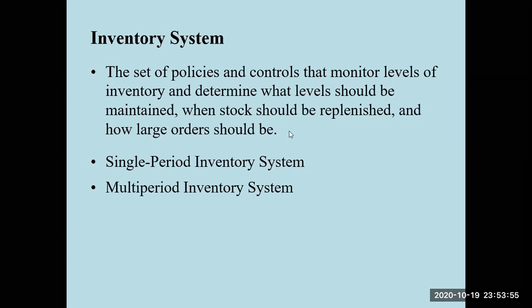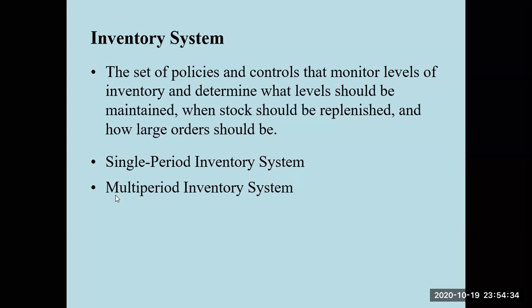So the inventory system, the ordering system, determines the inventory level at which to place an order. We call that the order level. So determine and maintain that inventory level. And then when placing an order, determine how many items should be ordered.